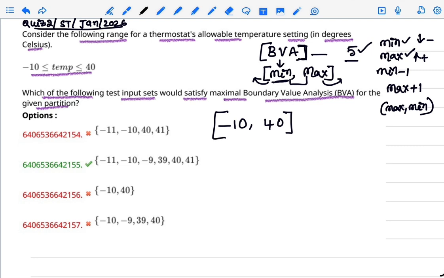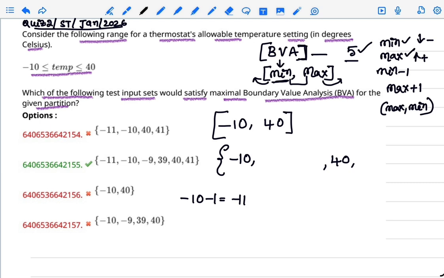This is the minimum value. So what is the set of boundary value analysis inputs for this partition? First we include the minimum value, -10, and the maximum value, 40. Next minimum minus 1, that is -10 minus 1, -11.